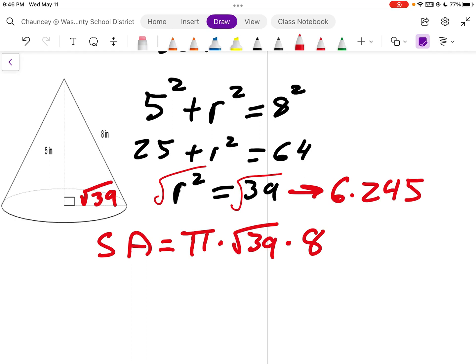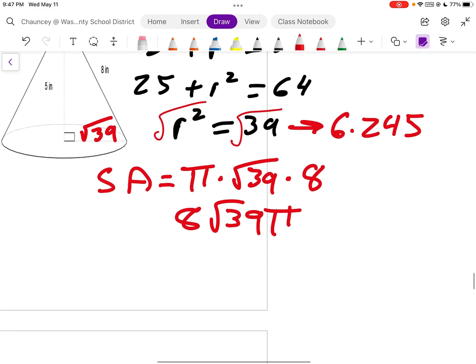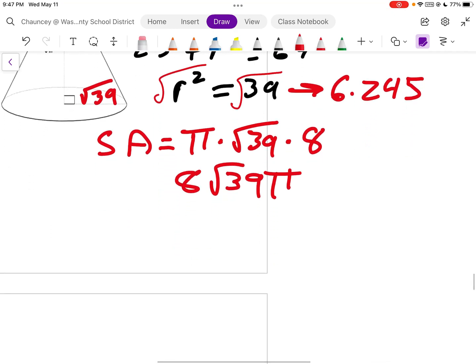And if you end up plugging that in, we'll say 8 square root of 39 pi. So if you plug that in, you say, okay, 8 times the square root of 39 times pi, and that gives you 156.95.